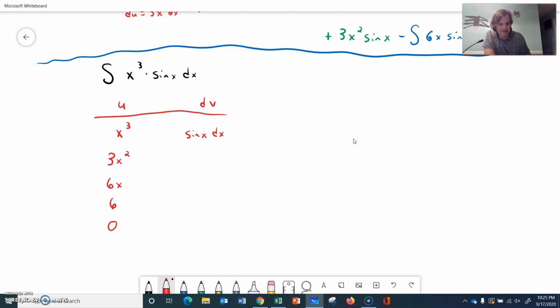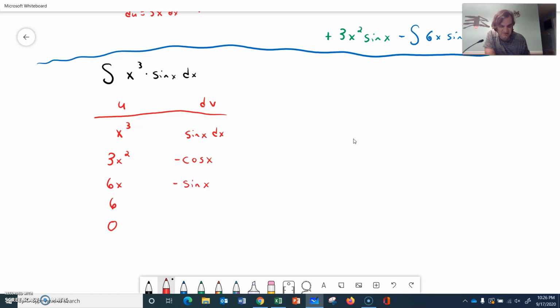Now on the opposite side, I have dv, and I was integrating dv to get v. As long as I keep the same part of the function that I'm integrating, I'm going to do the same thing here. The integral of sine will be negative cosine of x. Then I integrate that again, which will be negative sine of x.